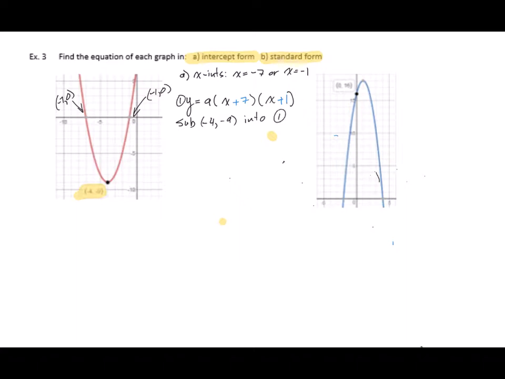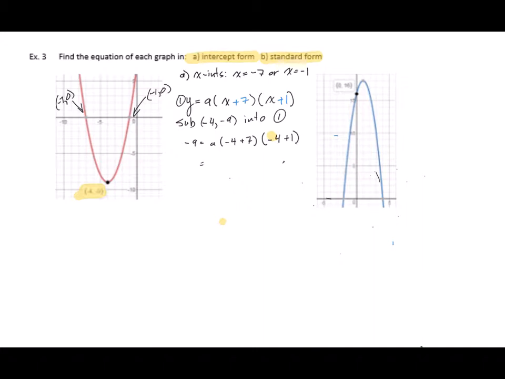And we're going to get something like this: -9 is equal to little a times (-4 + 7), and then (-4 + 1).